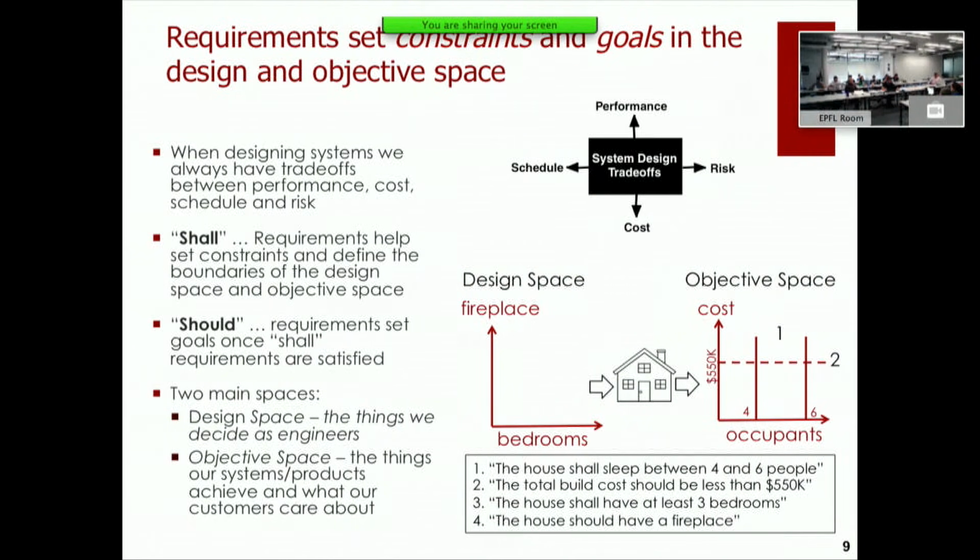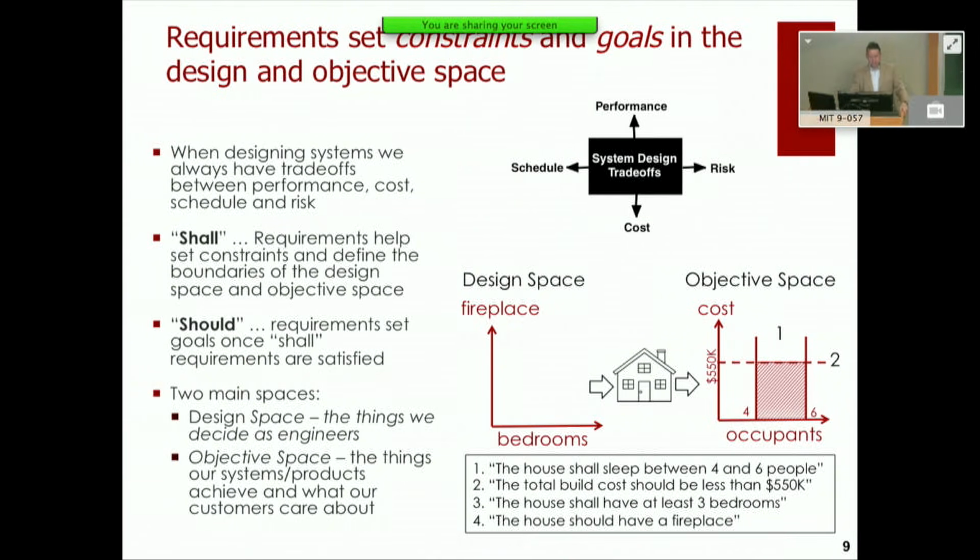So I put this as a dashed line, because it's a should. By writing these two requirements, I've essentially carved out a space, and I can shade that box. Basically, these two requirements put a box around the objective space, saying that whatever house you're going to design has to fit within this box.